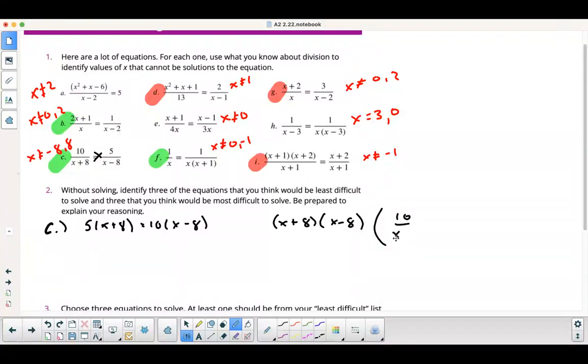I'll erase this after I'm done, but I just want to show you. And when I come over here, the x plus 8's cancel, so it's just 10 times x minus 8. And when I come over here, the x minus 8's cancel, so it's 5 times x plus 8, if that makes sense. Okay.